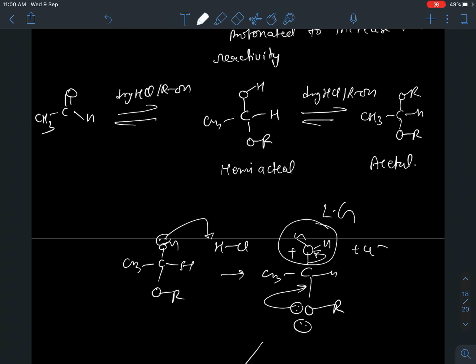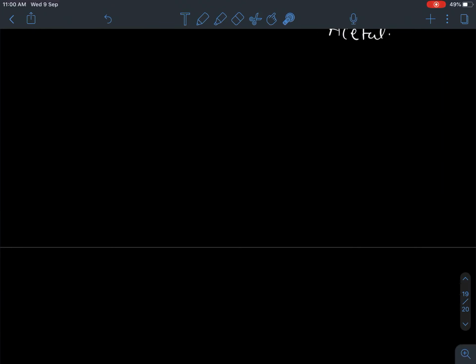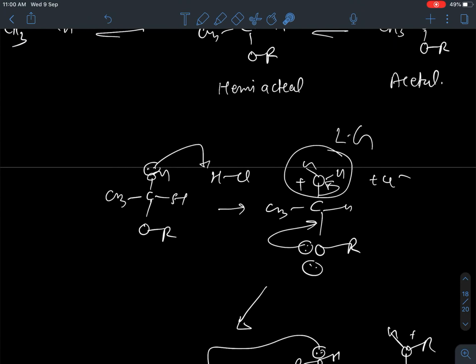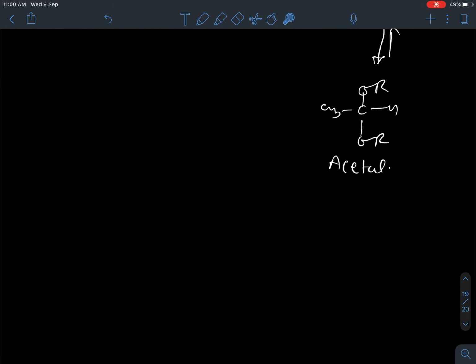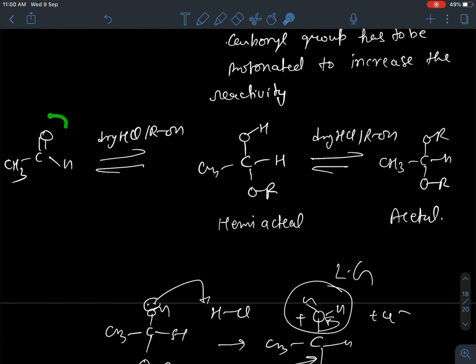Now when it comes to the discussion of acetal to hemiacetal, from here to here, once again, because this is an equilibrium, if you add water, obviously you are going to get it back. But acetals are quite stable in basic medium. How will they undergo the reverse direction? Because water has a slight amount of H plus ion, it will provide H plus here and develop a carbocation. That's how this reaction will turn in the backward direction.